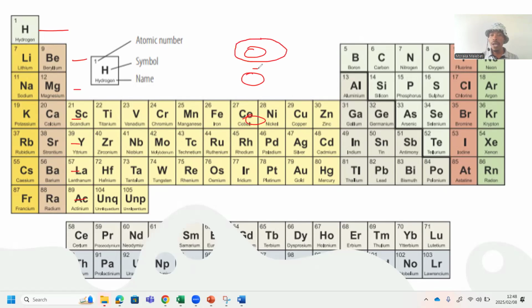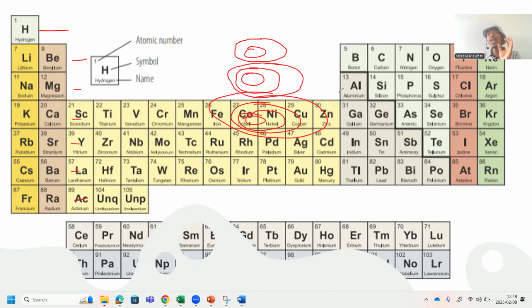For row 2, you'd have 2 shells. Then row 3, you'd have 3 shells. So each row corresponds to the addition of a new electron shell around the atom as you move down the table. I hope this makes sense.